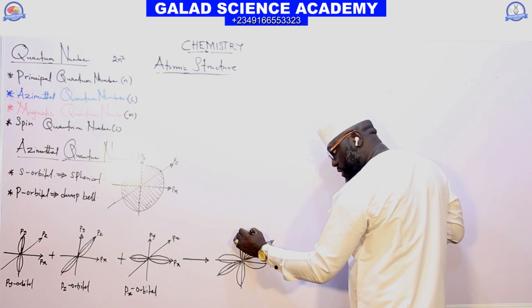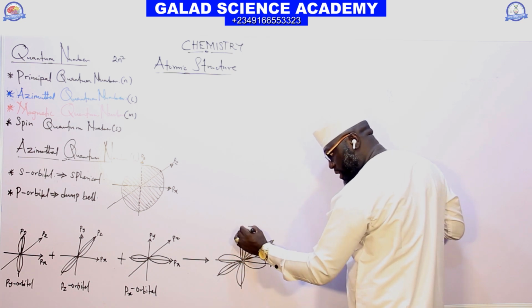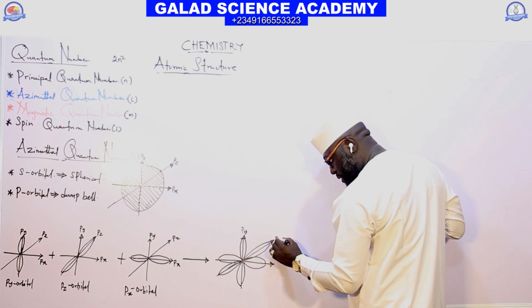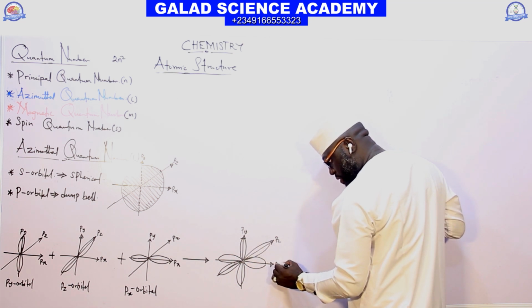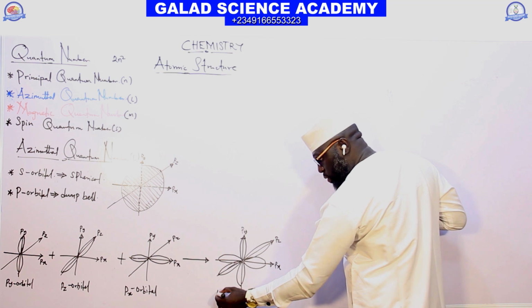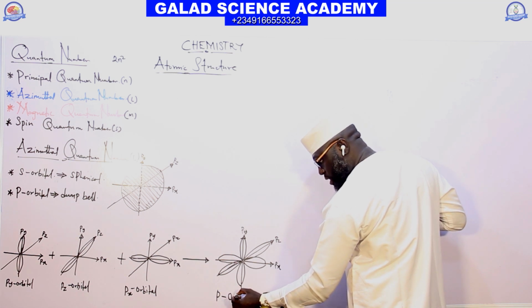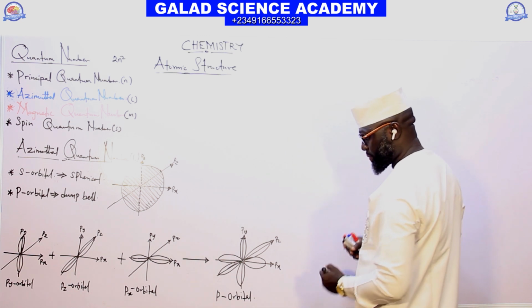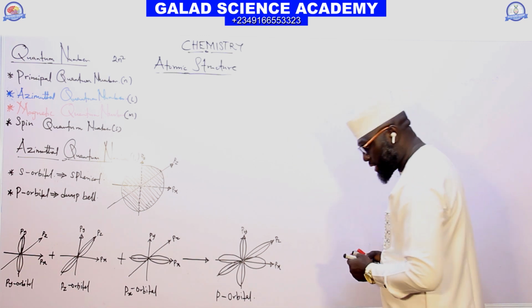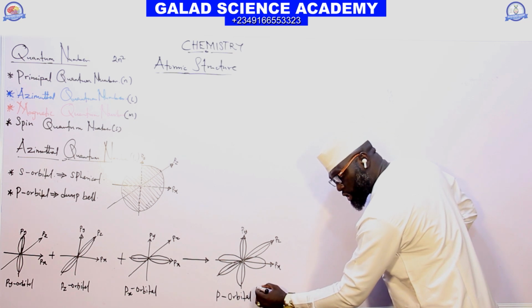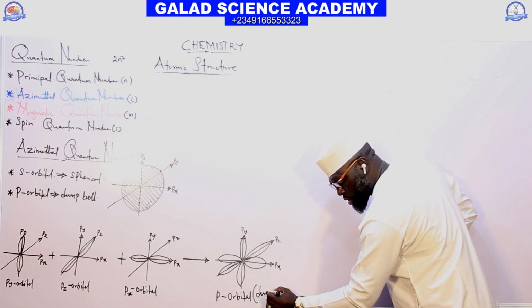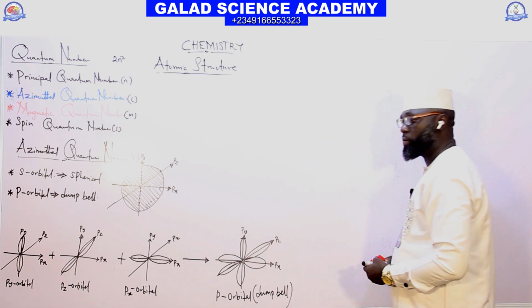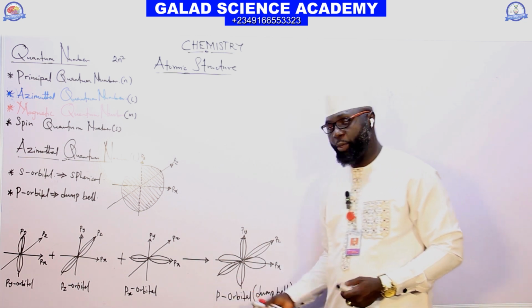This is the P. So Py, Pz, Px. This one we call P orbital. And this is what we call dumbbell shape of P orbital.